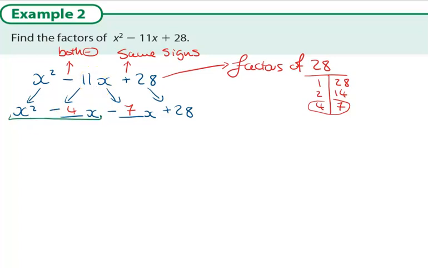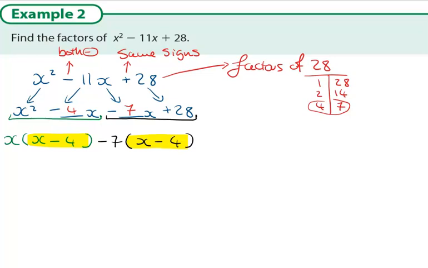I factorize the first 2 terms. So x squared divided by x is x, and minus 4x divided by x is minus 4. I factorize the right 2 terms, and minus 7 is my highest common factor. Minus 7x divided by minus 7 is x, and 28 divided by minus 7 is minus 4. My brackets match, so I've got the first part of my answer.